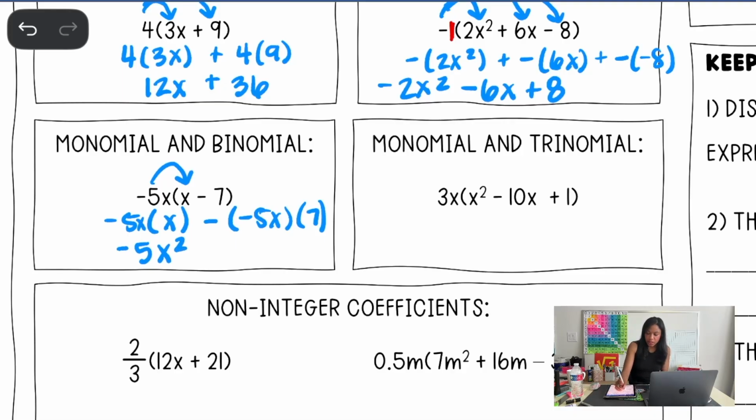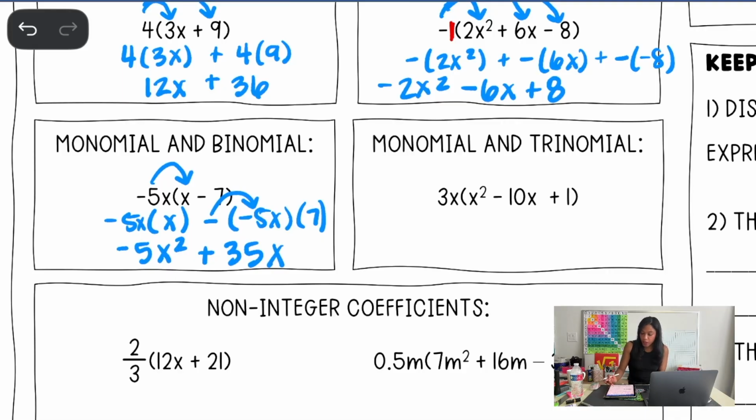And then we have to subtract negative 5x times 7. So because I'm going to be subtracting a negative, or distributing this negative here, negative times negative, I'm going to end up with a positive. So plus negative 5x times negative 7 is going to be positive 35x. All right.